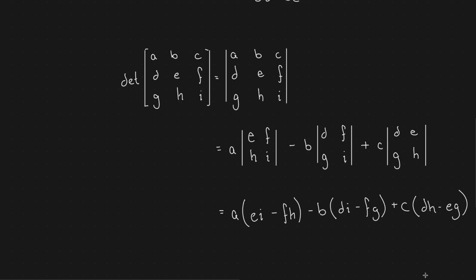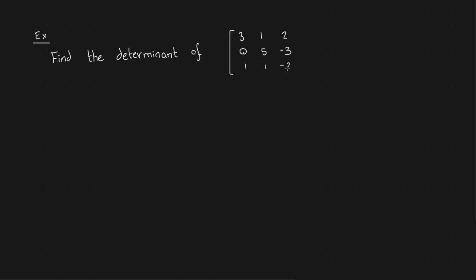Okay, so let's take a look at an example with numbers. Find the determinant of the matrix 3, 1, 2, 0, 5, negative 3, 1, 1, negative 2.